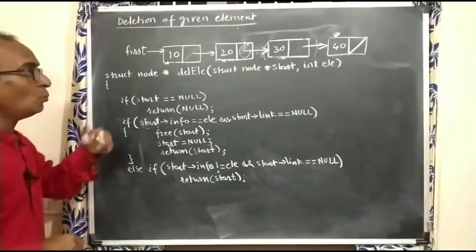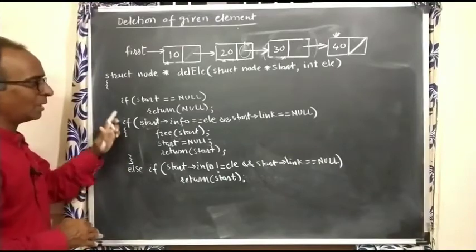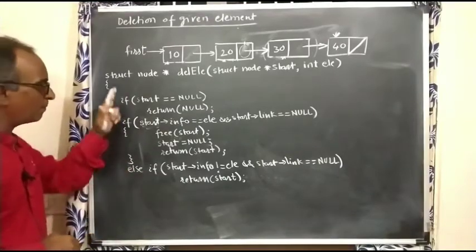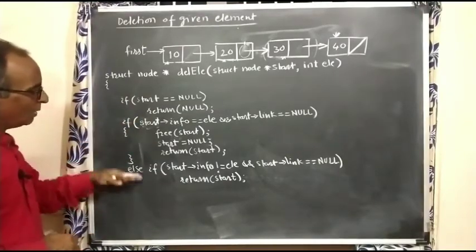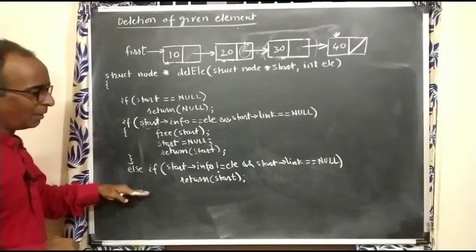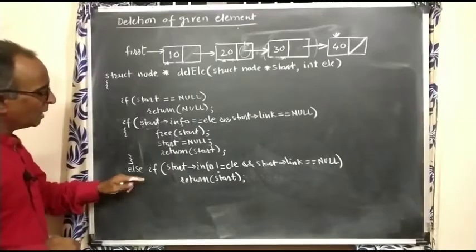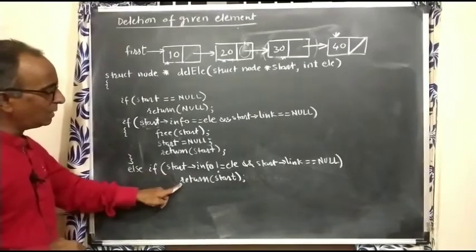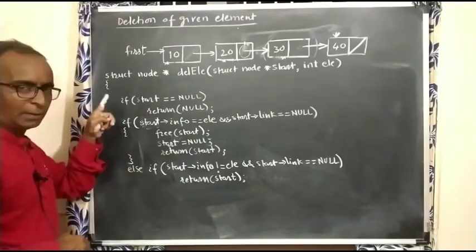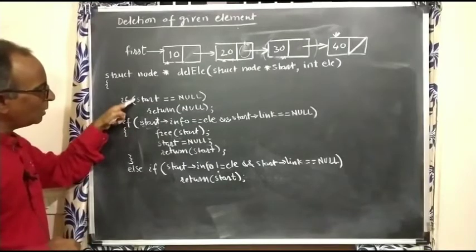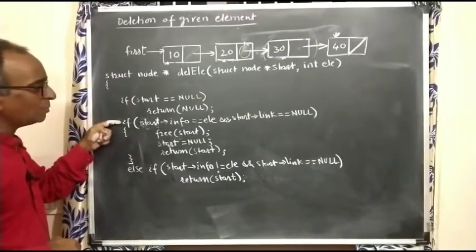Now how to use different functions, that I'll wipe out this much. Whatever I am writing after this we'll check. See, else if this case, from here it will return. If this is false, control comes here.